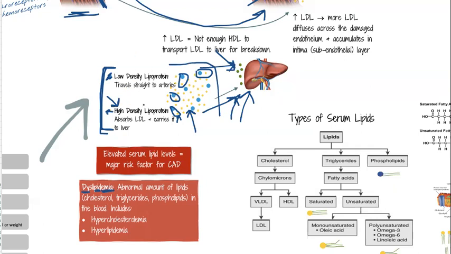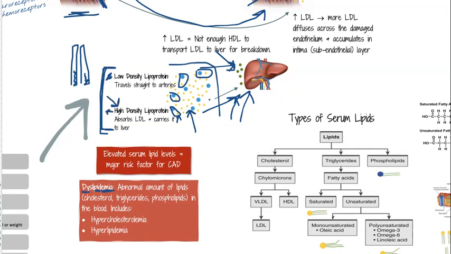So that's why it's okay to have LDL in our system. We just want to have an equal amount, or a relatively equal amount, of high density lipoprotein as well, so that it can carry that low density lipoprotein back to the liver.